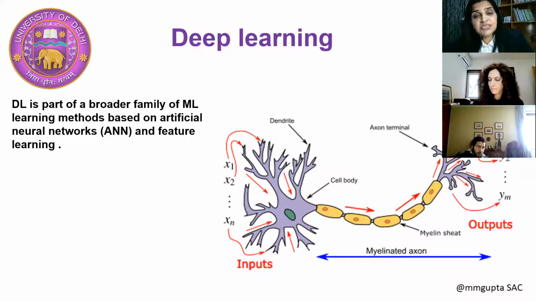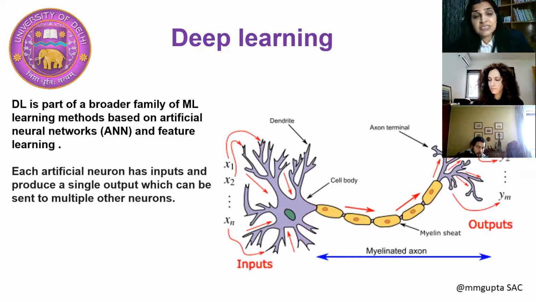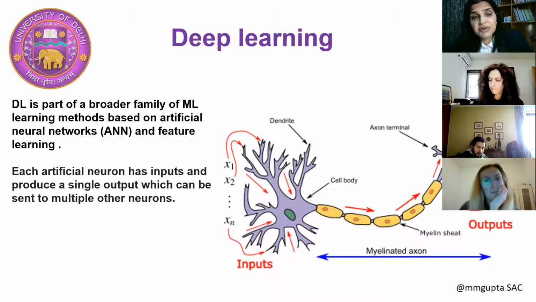The artificial neural network, like the picture shows you, works like the human brain. Each artificial neuron has an input and it produces a single output which can be sent to multiple other neurons, very much like this picture, which resembles our nervous system, the brain's functioning.